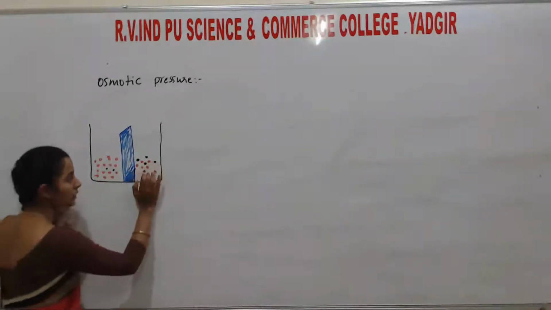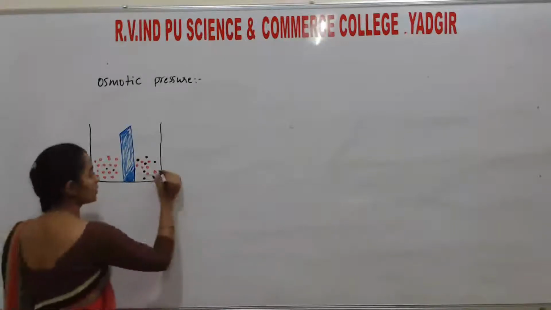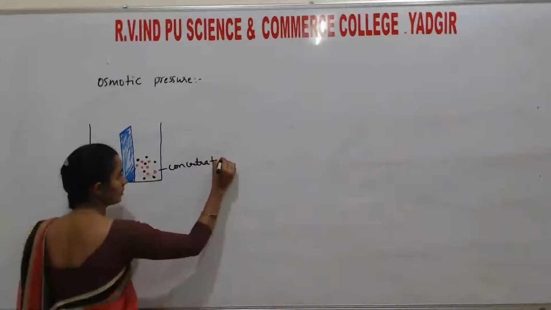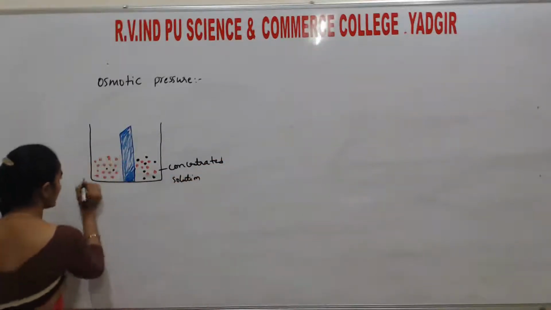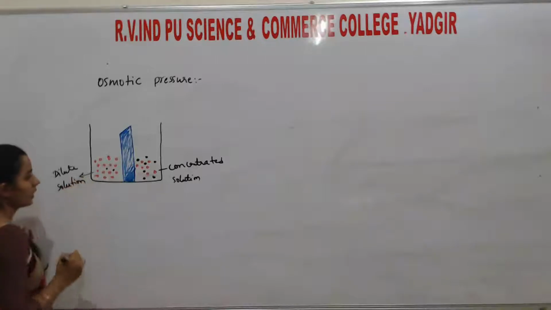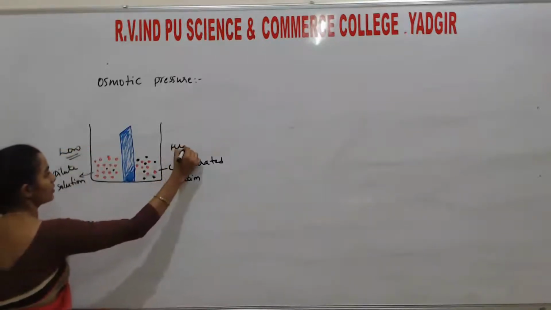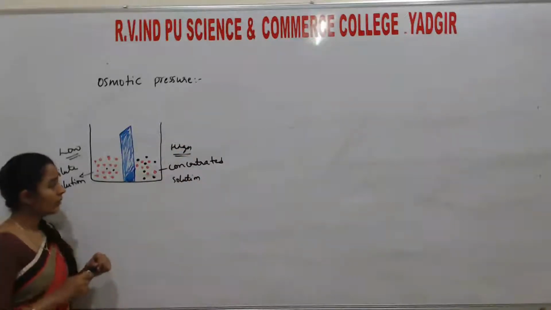So where solute particles are more, this is a concentrated solution, and this is a dilute solution. Here low concentration, here high concentration. Understood?